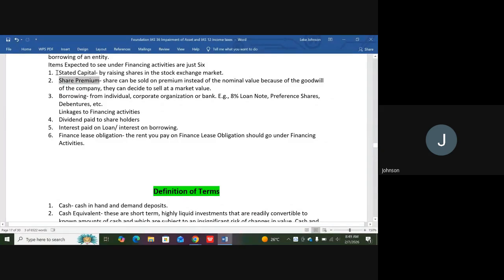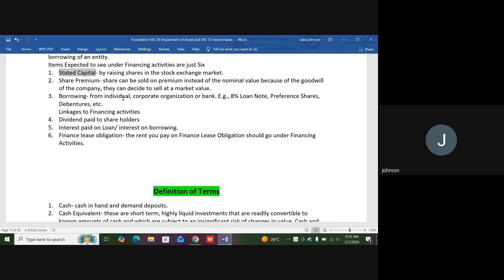There's an original price attached to that share before. But instead of selling it for 50 kobo, you sold it above the original, the nominal value of a share. That extra that you sold it for is what we call the goodwill of that company.